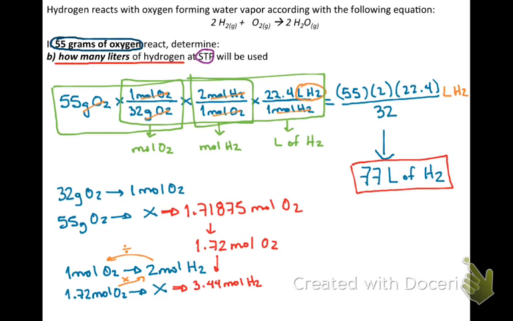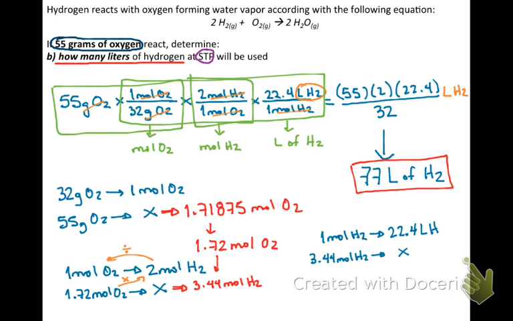The third rule of 3 will be transforming these moles into liters of STP. So let's do it. And we already know that if 1 mole of hydrogen at STP is 22.4 liters of hydrogen, then the 3.44 moles that we have already calculated, how many liters will it be?